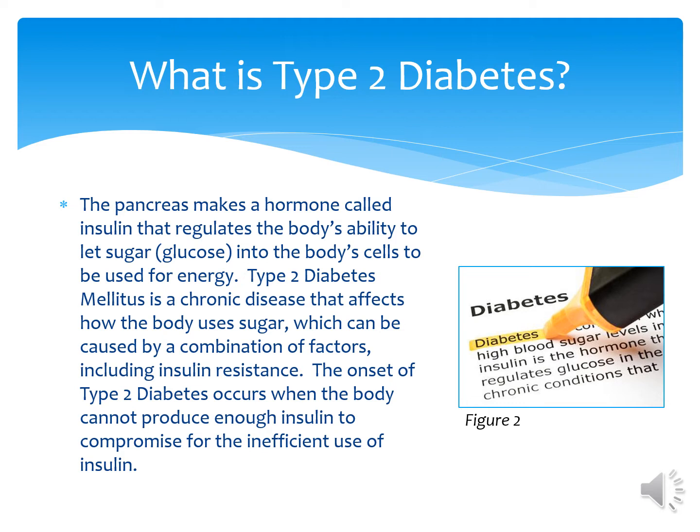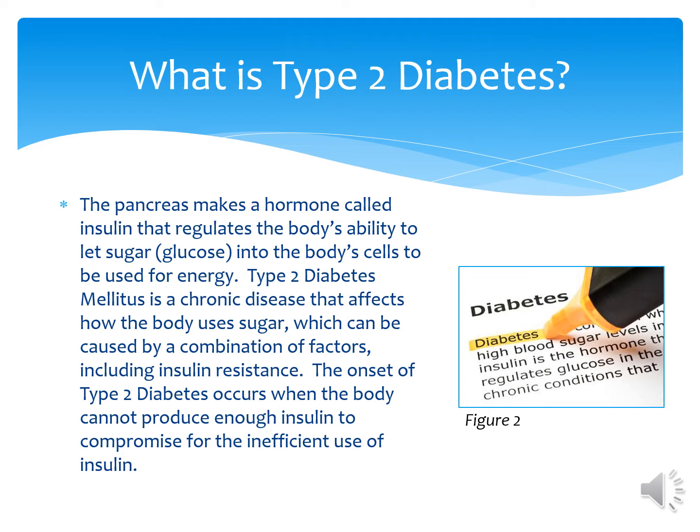Type 2 diabetes mellitus is a chronic disease that affects how the body uses sugar, which can be caused by a combination of factors, including insulin resistance. The onset of type 2 diabetes occurs when the body cannot produce enough insulin to compensate for the inefficient use of insulin. What happens is that when food is eaten, it is digested in the stomach and the intestines, and it gets broken down into glucose, and then it gets absorbed into the bloodstream.